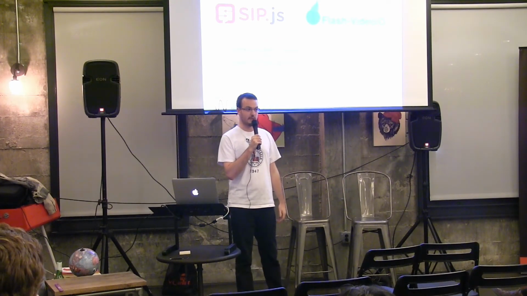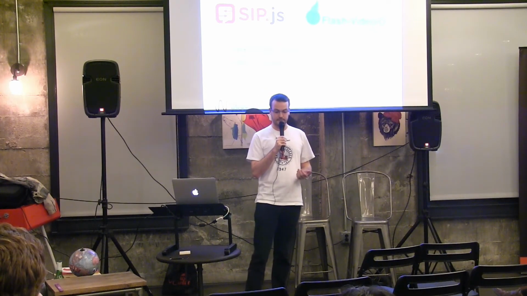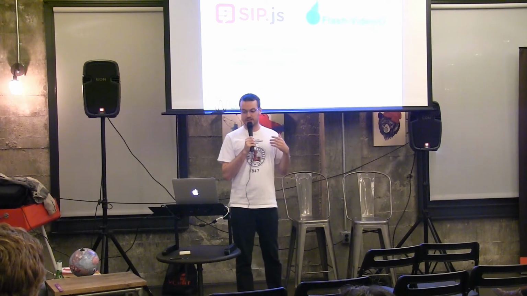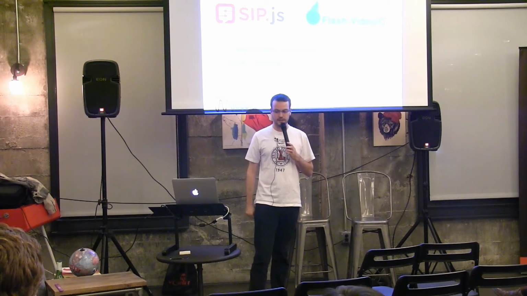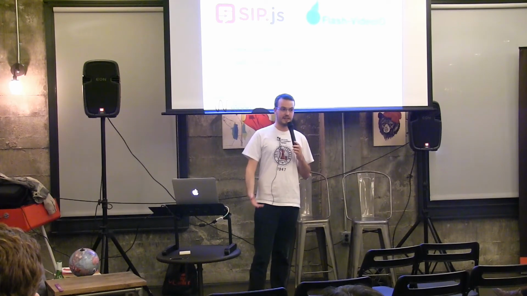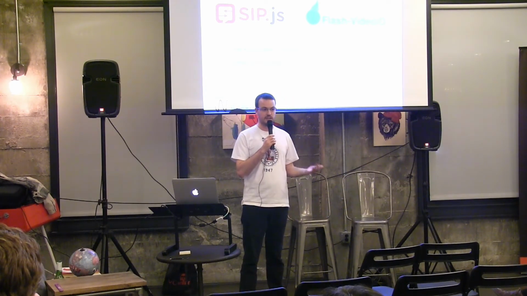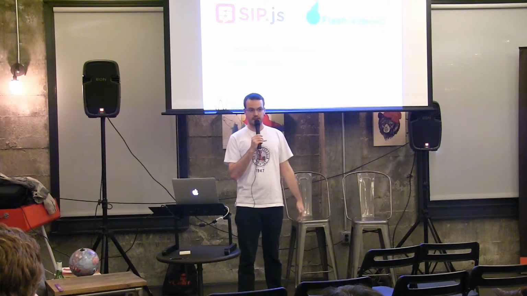The first one is to check if your browser is compatible with WebRTC, and if it is, it's only going to load the Zip.js library. If it's not, then it's going to check if Flash is installed on your browser. If it is, then it's going to load the Flash Video IO library.